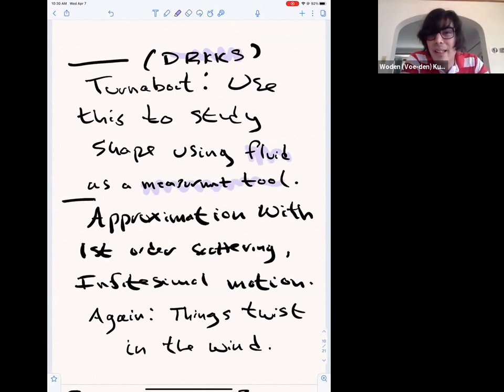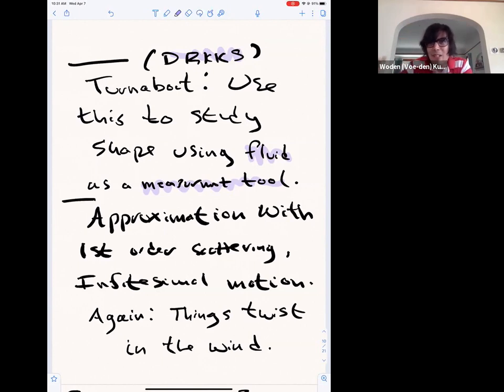And to avoid the whole nastiness of really understanding the equations of motion, let's just look at the first order scattering, that initial rotation, that initial motion. So I take my potato, I carefully suspend it in my maple syrup, and then I release it and I see what happens in that first nanosecond. Does it jerk to the left?